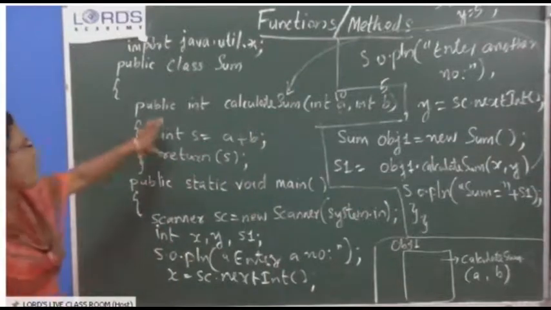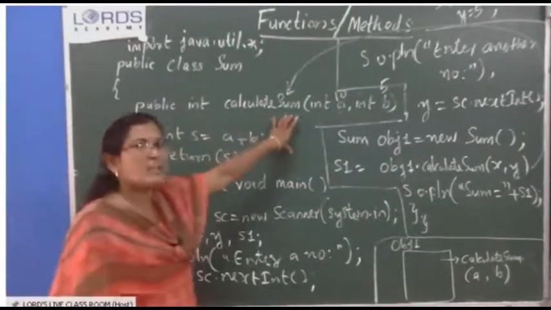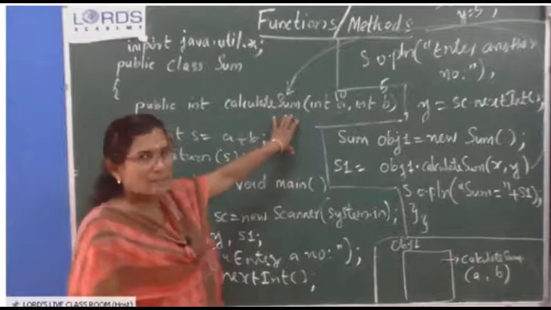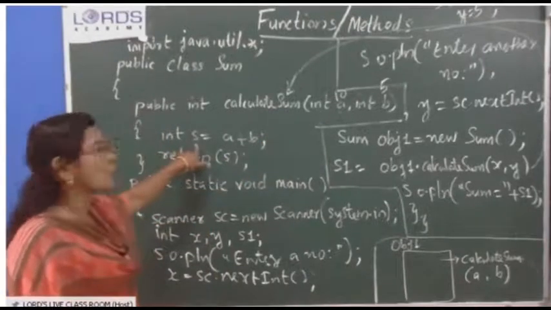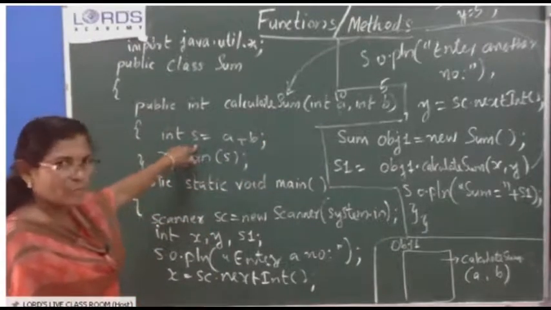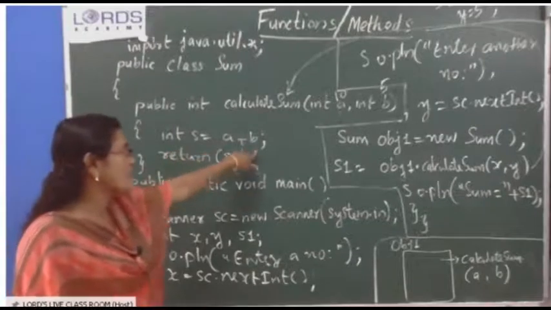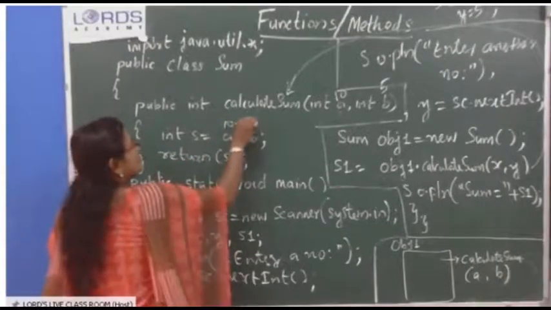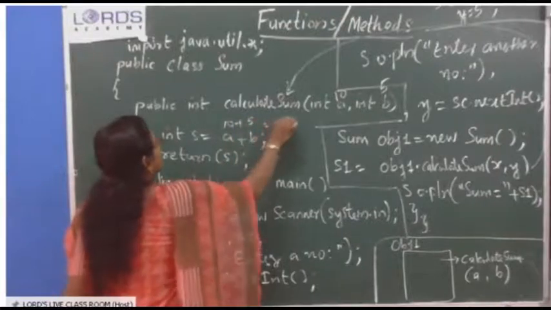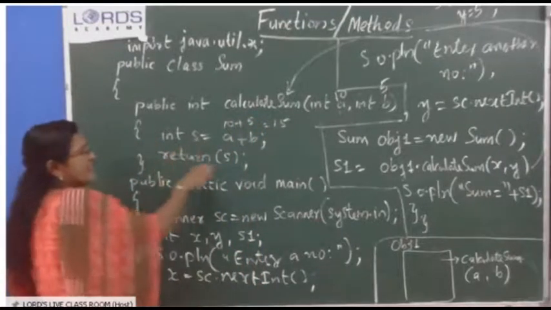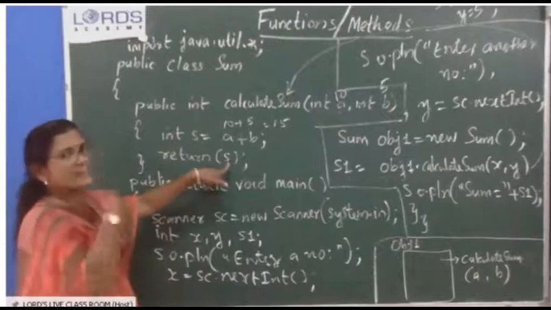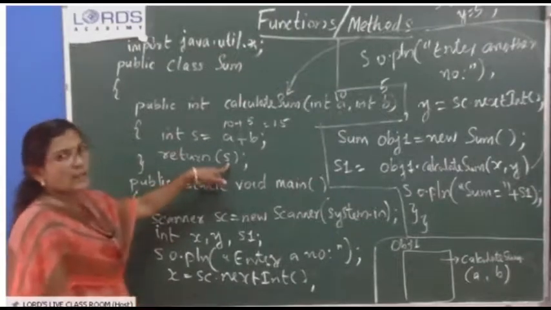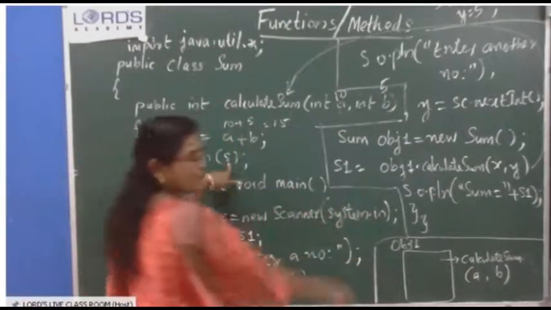Okay. And in the method, once we reach a method, its body will be executed. int s equal to, another variable is declared to store the sum, s equal to a plus b, 10 plus 5, 15. 15 is calculated here and 15 is stored in s. return s. Return the value of s to the calling part, to the main method.